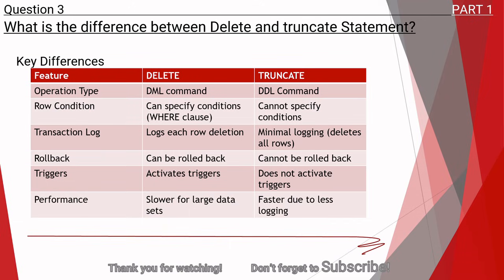Additionally, delete logs each row deletion, which allows for rollback, whereas truncate uses minimal logging and cannot be rolled back. Delete can activate triggers associated with the table, while truncate will not. Finally, truncate is generally faster for large datasets due to its efficient handling of data removal.